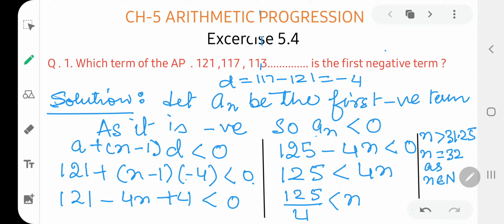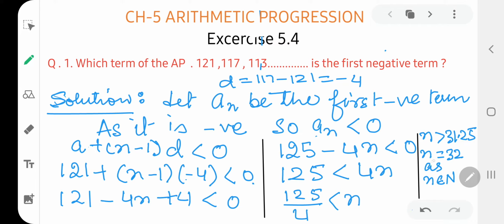Now children, you will think that n is never a decimal. n is always a natural number in AP. It is a counting number. But children, he is not saying that n is equal to 31.25. He is saying n is greater than 31.25. So you will think about a natural number which is greater than 31.25, and the first such natural number, because he wants us to find the first negative term.